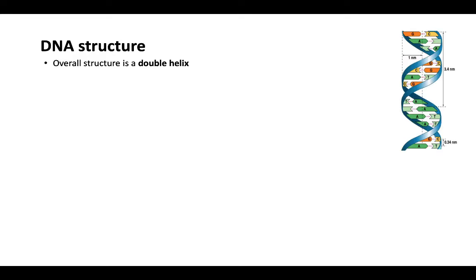Let's talk about DNA structure overall, the whole molecule. It's called a double helix. And we're going to talk in chapter 13 later this semester about how we figured out that it is a double helix. It's often referred to as a spiral staircase structure, or a twisted ladder shape.